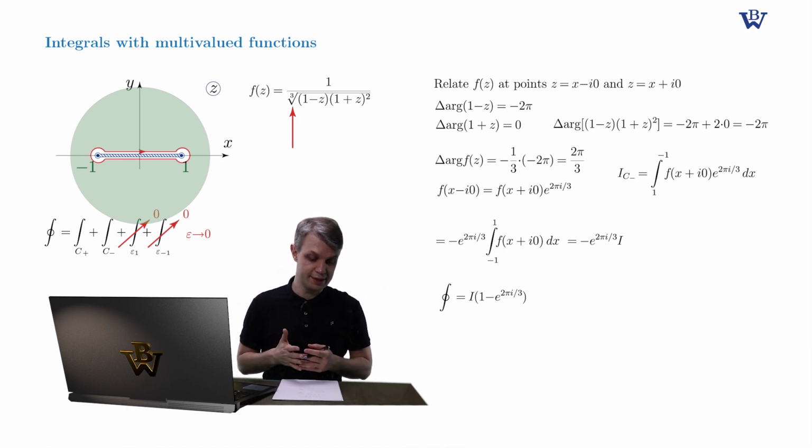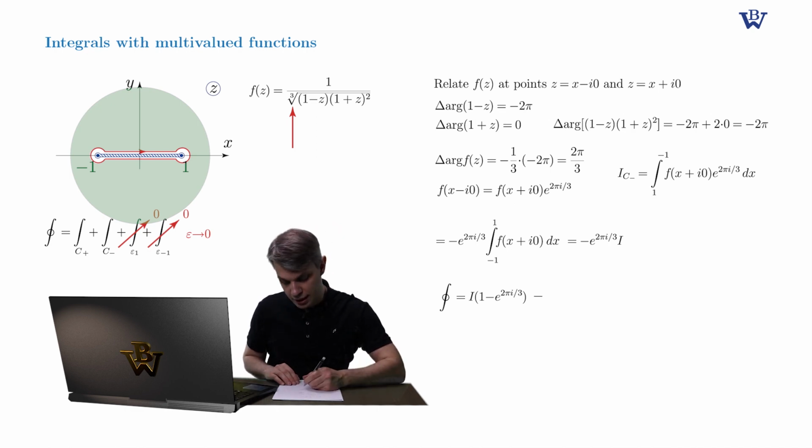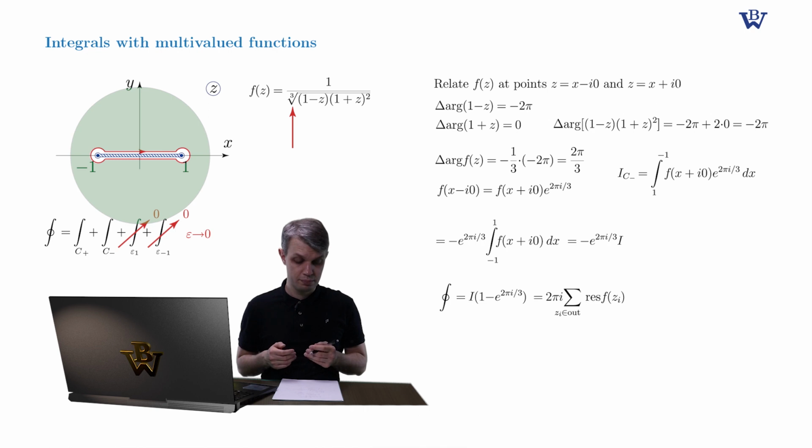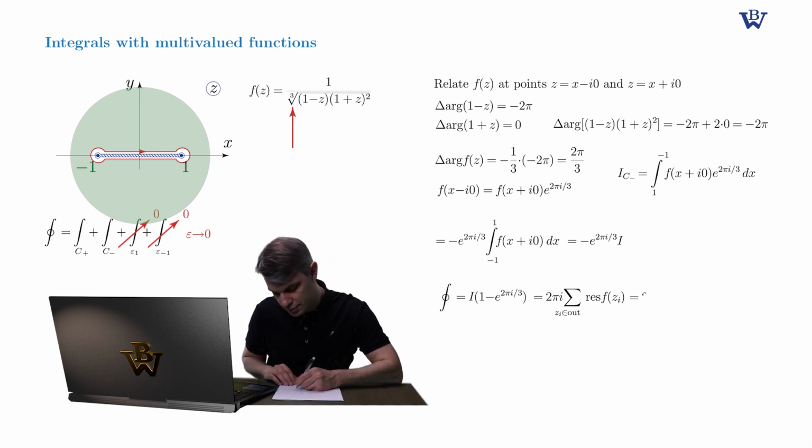And that means that our closed contour integral is equal to 2 pi I times the sum of the residues in the outer complex plane. But if you look carefully, there are no poles in the outer complex plane. So the only available and possible residue is the residue at infinity. So our closed contour integral will be given by 2 pi I times the residue of our integrand at infinity.